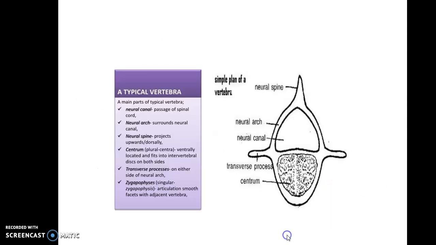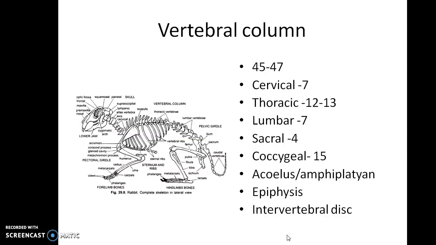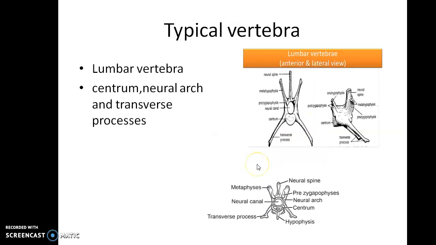Before that, the vertebral formula is given as C7, T12, L7, S4. The lumbar vertebra of rabbit is called the typical vertebra because it is the largest, and all the parts of it are well developed.